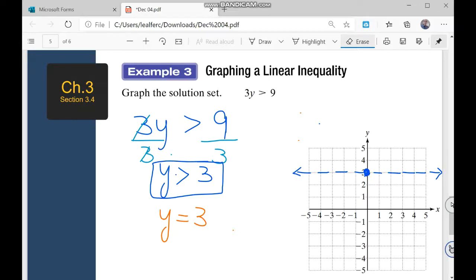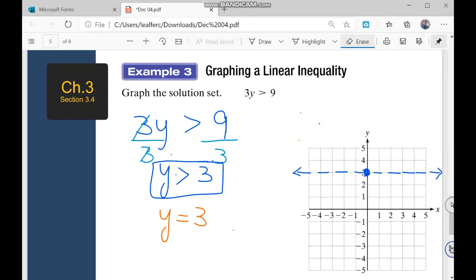If we don't have the equal sign, we have to draw a dashed line. And we will understand what this dashed line means. We're going to practice this on the quiz.